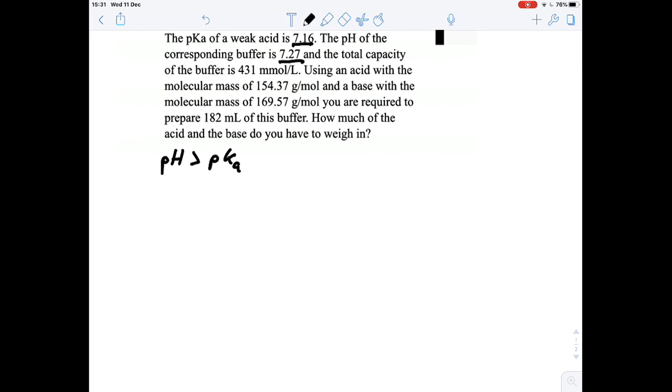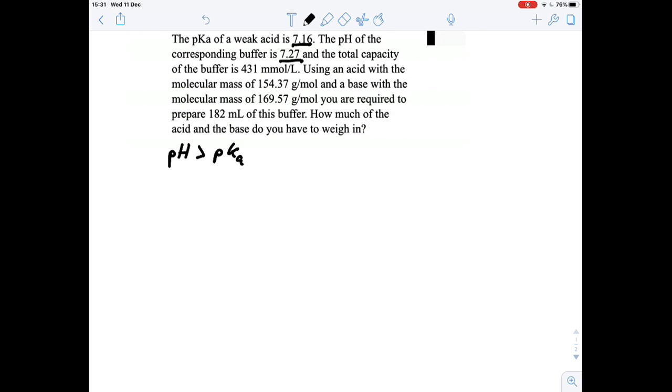And if that is the case, we know that we need more base than acid. And if you write that down already at that point, then you can't really go wrong, because that can be used to check your results later. So, okay, now how much more base do we actually need?